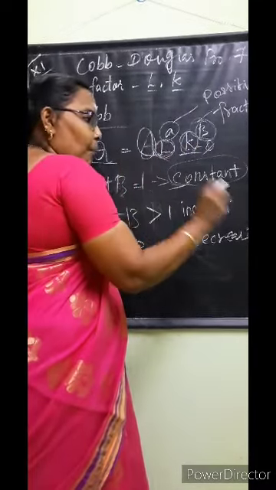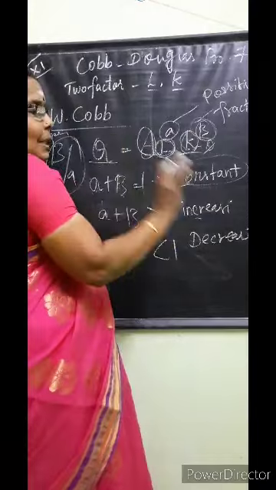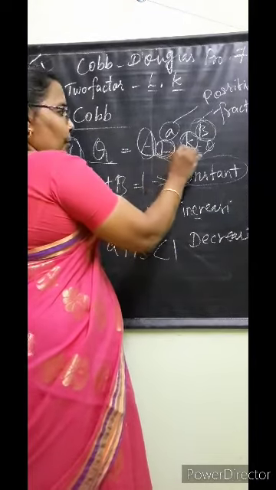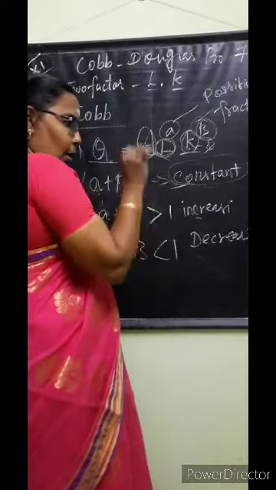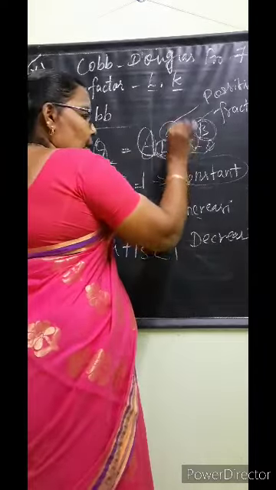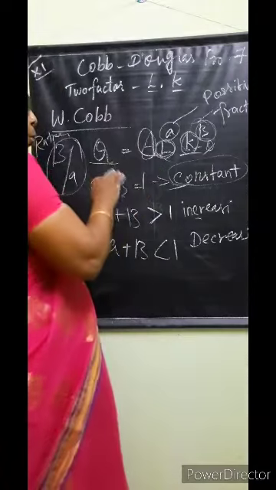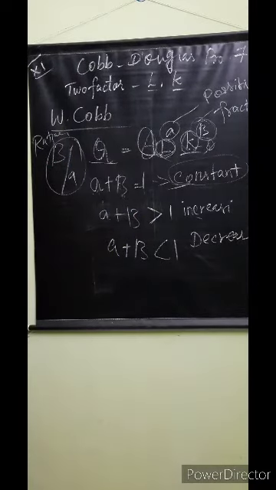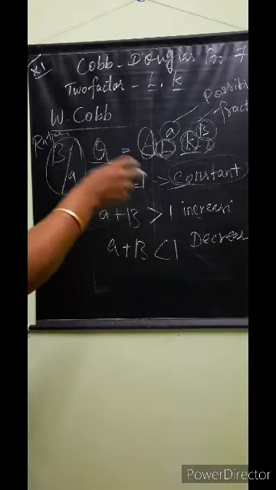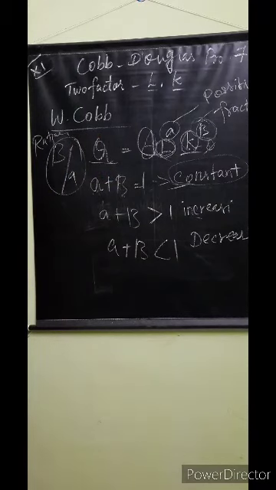How much they are employed and how much they are getting as output is the matter. One should not be idle. By using both in combination, how they are getting the output is called the Cobb-Douglas production function.